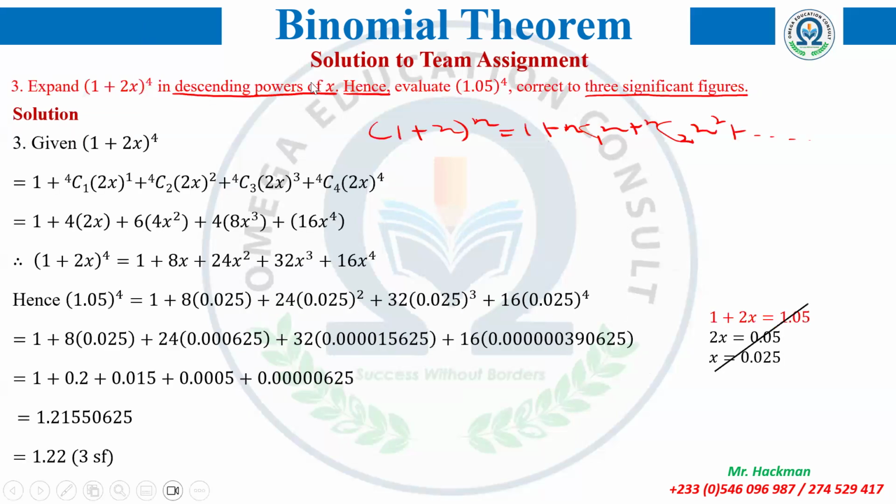In descending powers of x. Why we underline this, descending powers of x, is because you were asked to leave your answer in descending powers of x. Now let's see what is happening. You can see that we are asked to expand this in descending powers of x.